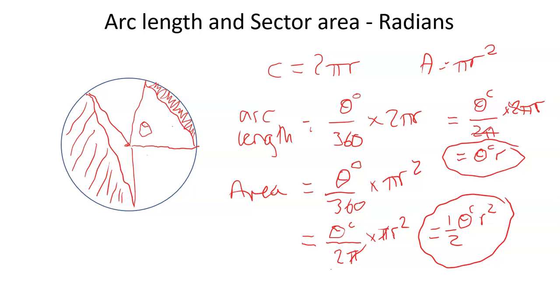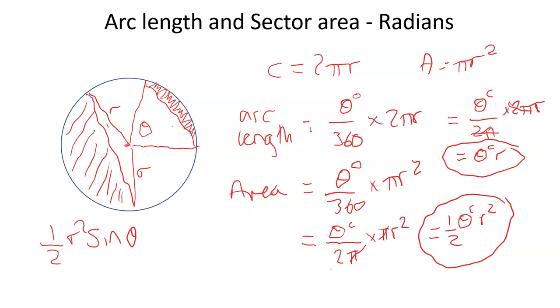That's quite straightforward because all we do is the whole sector area, which is this down here, and we take off the area of this triangle. And because this triangle is made with the radius there and the radius there, and the angle in between, then we can just use the formula half the two sides, so that's r squared, times sine of the angle in between them, which we'll write as theta.